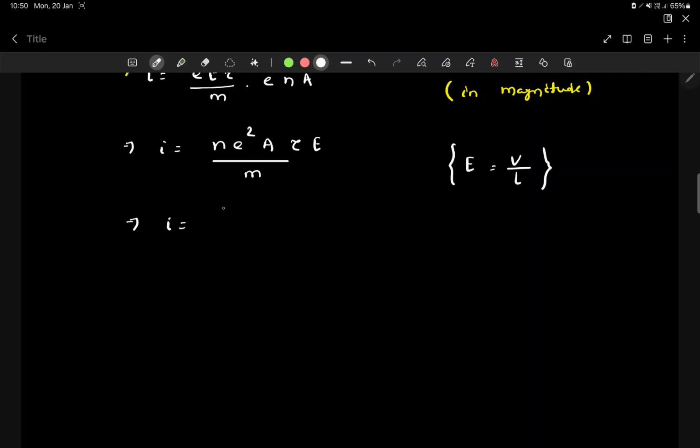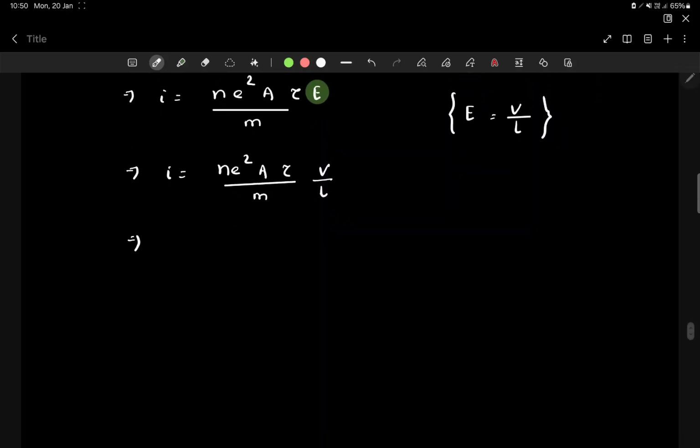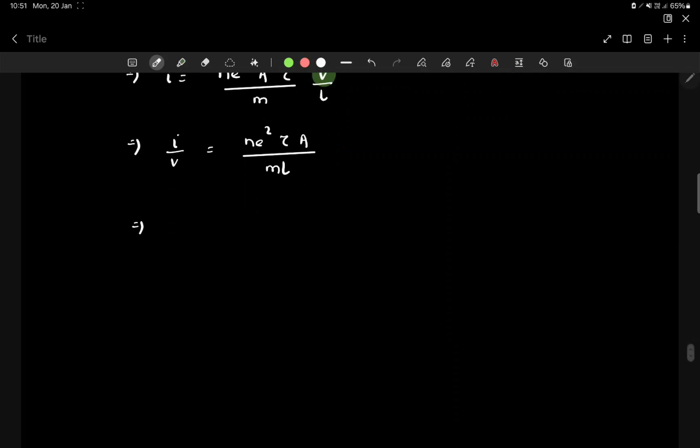The expression becomes I = n e² A τ/m × V/L. Take V to the LHS, then I/V = n e² τ A/(ml).